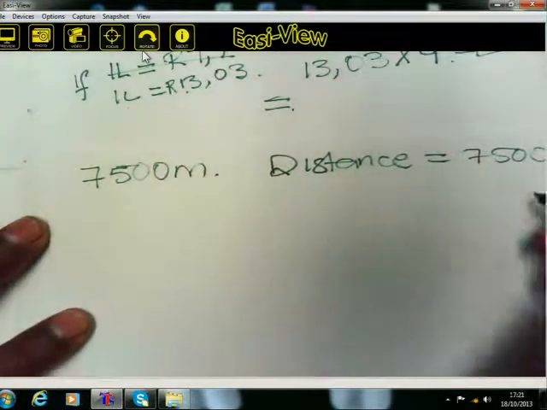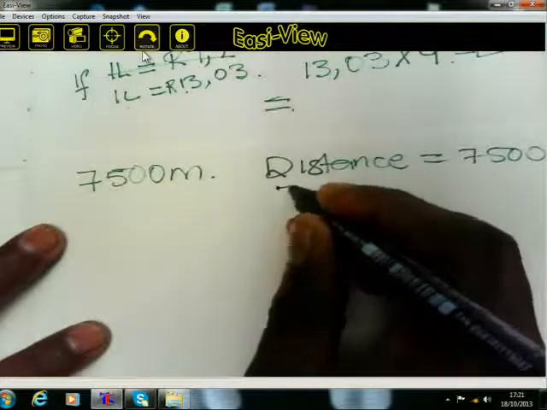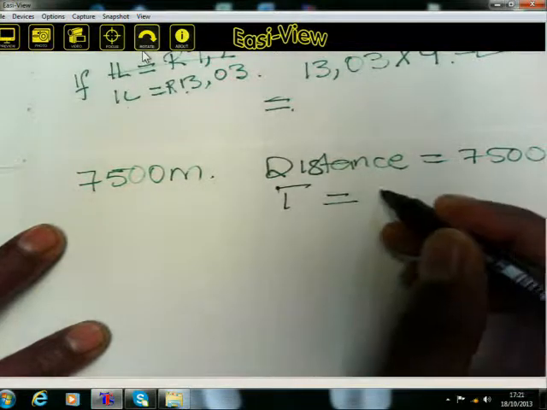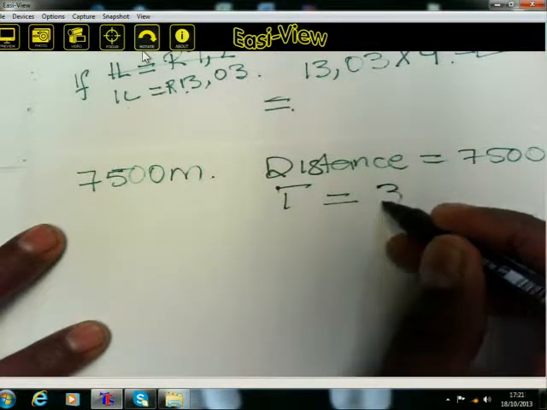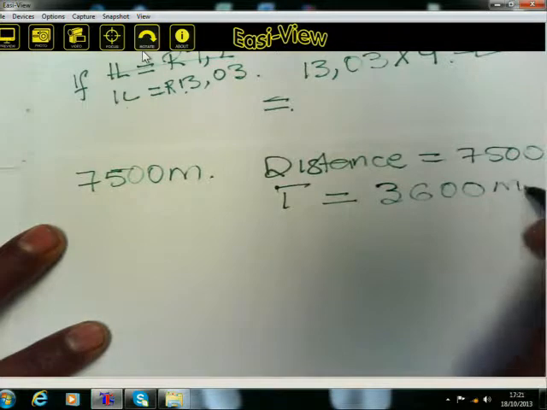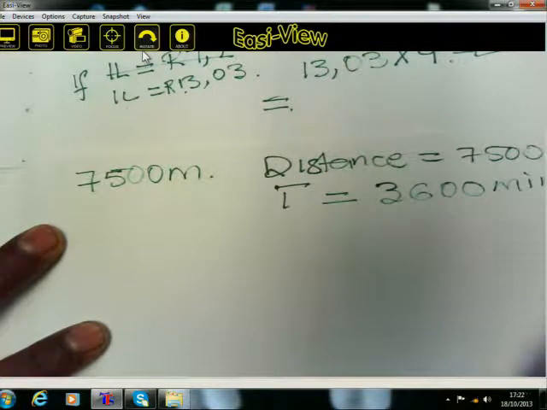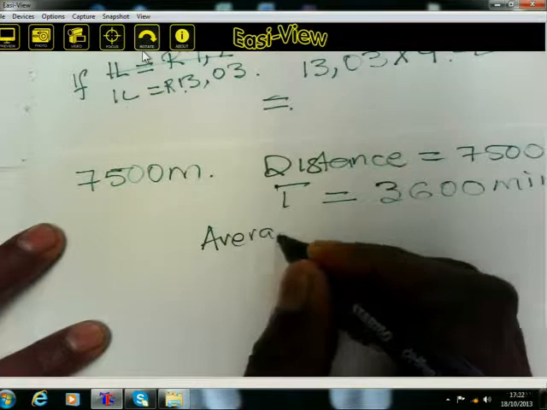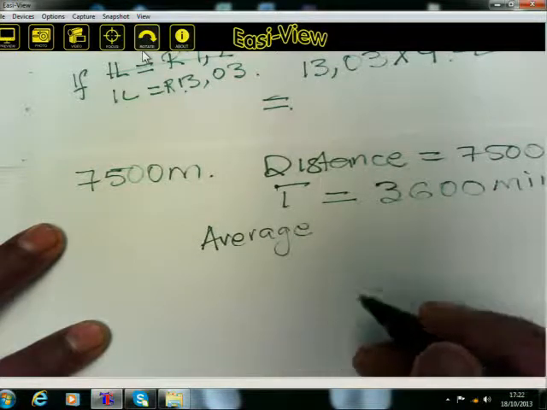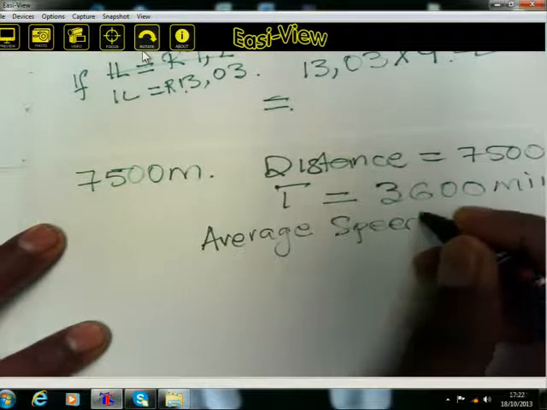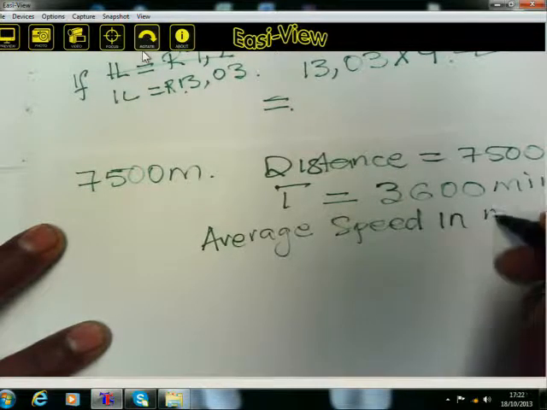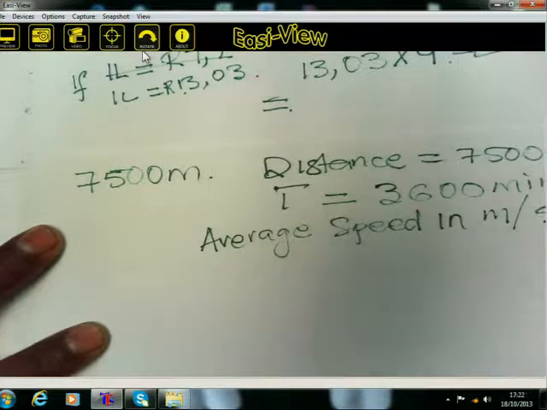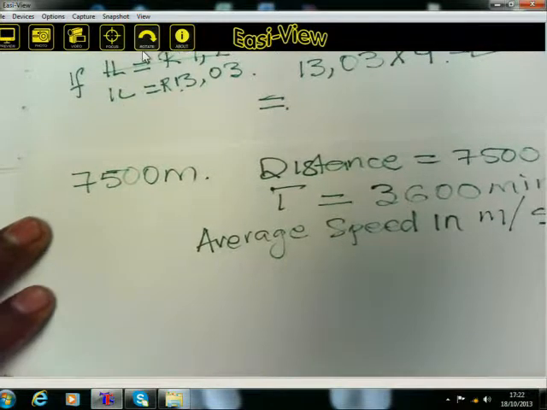And he took, let's say, 3,600 minutes. Calculate his average speed in meters per second.